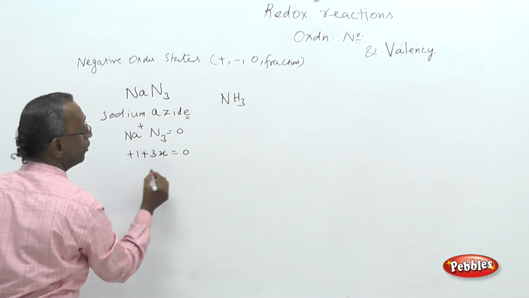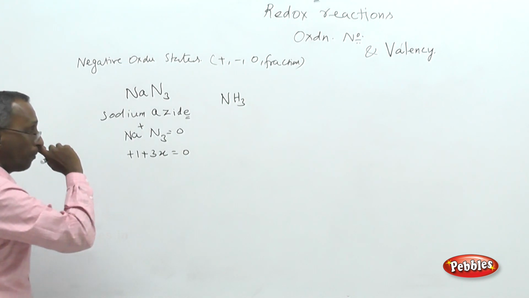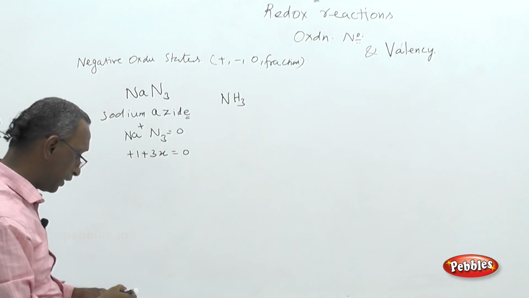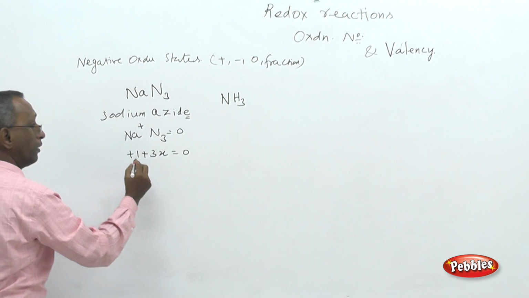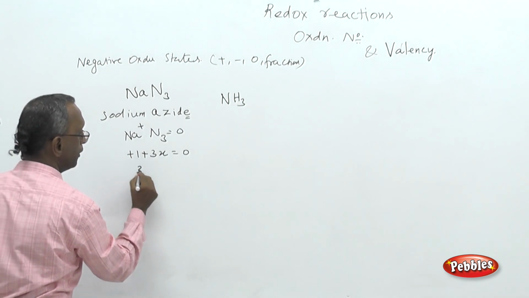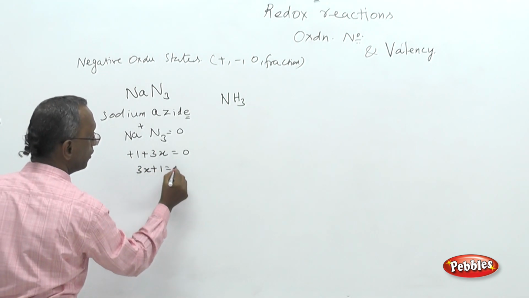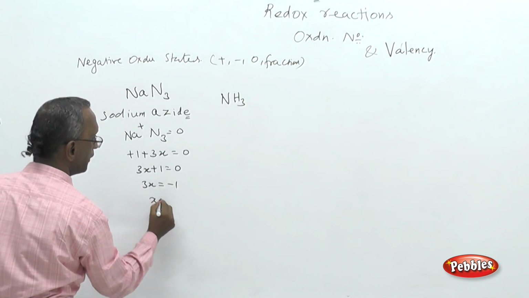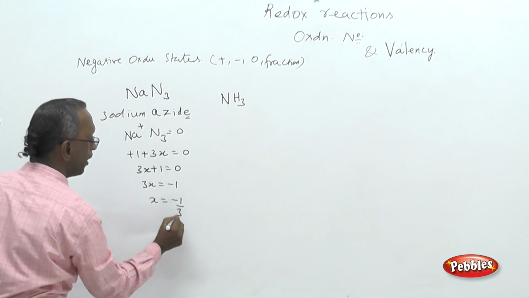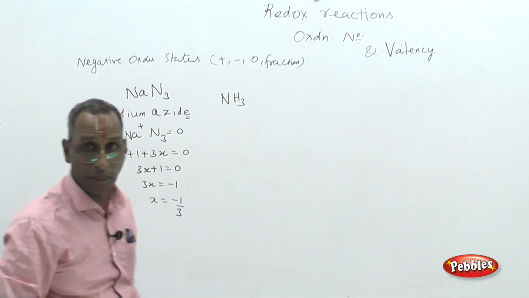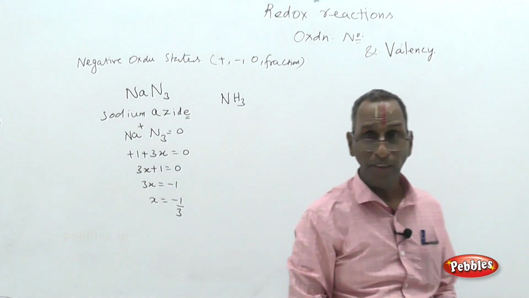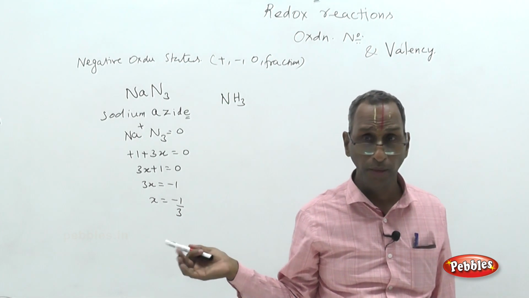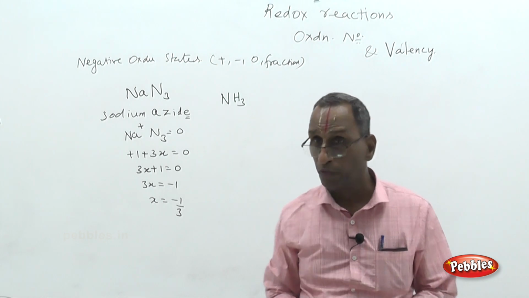Overall it is a neutral molecule, so the sum equals 0. We will revise the rules for calculating oxidation number a bit later. Solving, 3x + 1 = 0, so 3x = -1 and x = -1/3. Here the oxidation state of nitrogen is negative as well as fractional.